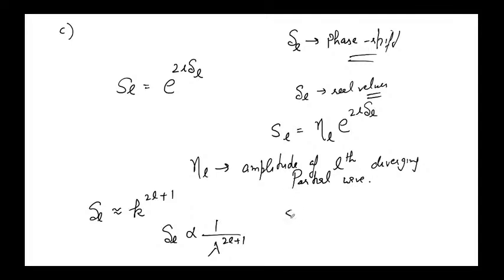And for S wave scattering, where L is equal to 0, this phase shift is proportional to 1 over lambda. This we can represent as either a positive phase shift or a negative phase shift.